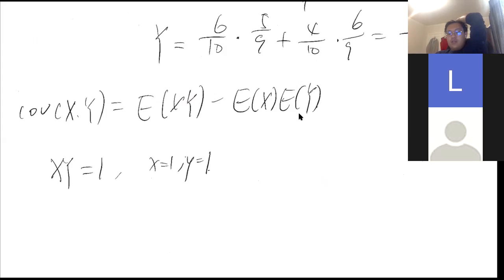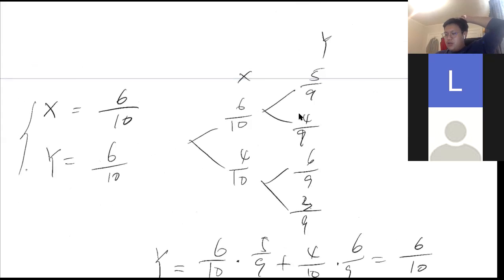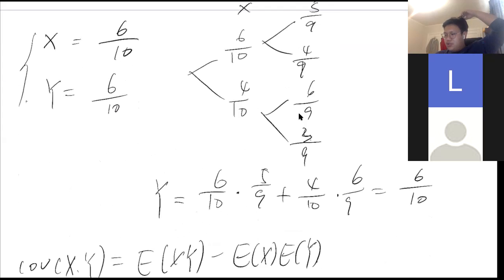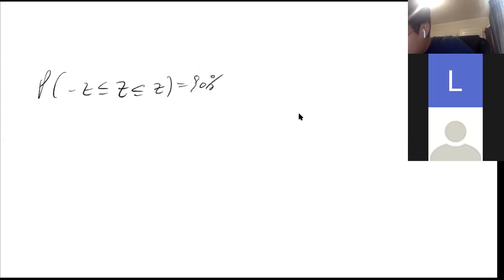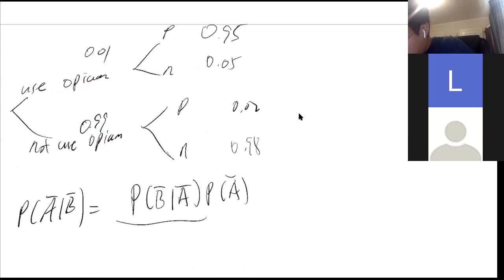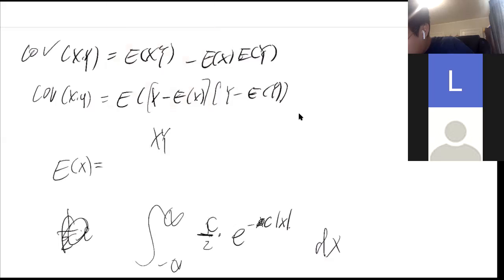So the way you do that is you calculate the probability that x, y are both 1. So x, y are both success, I think. Maybe I should go to the previous problem right here. No, it's not. Oh, it's actually this one.